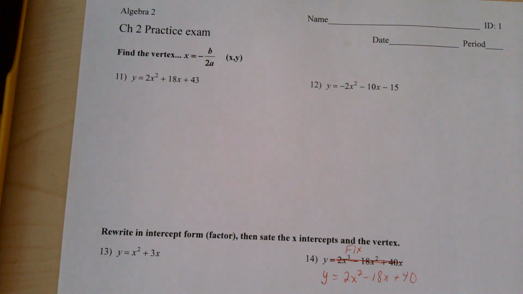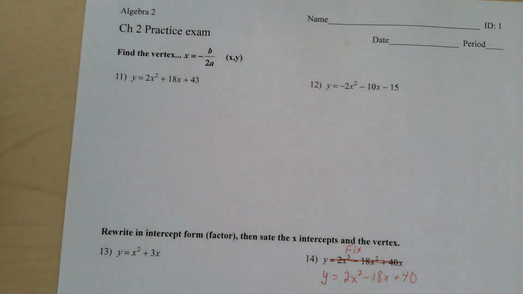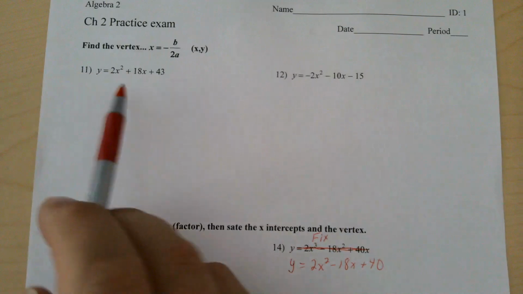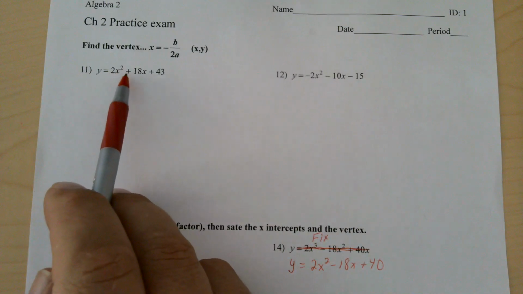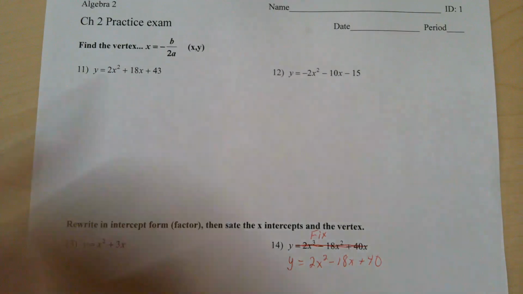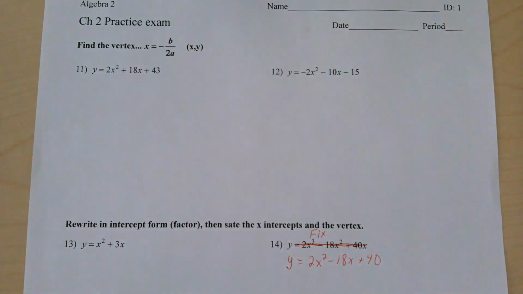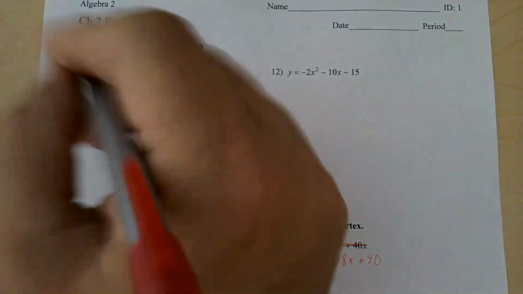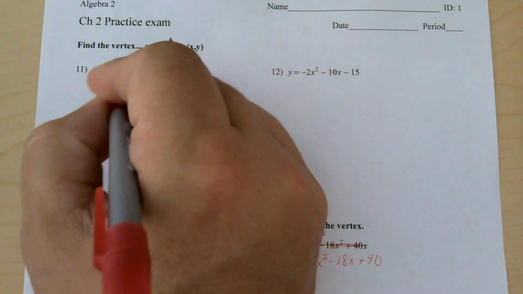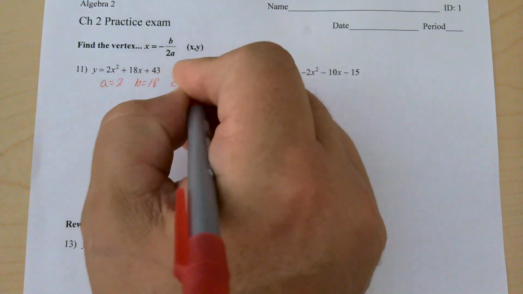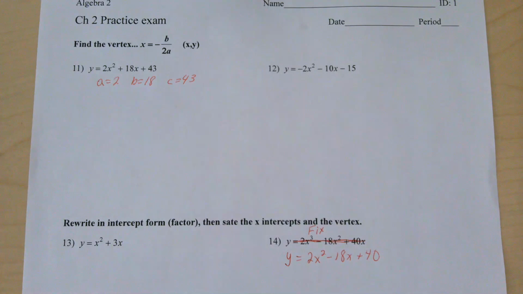Okay? I have a few more questions where I wanted to practice finding the vertex when we are in standard form. So just a reminder, standard form is your ax squared plus bx plus c. I even remind you, this is how we're going to find the line of symmetry, which is the x value of our vertex. So before we even pick up a calculator, I know that a is 2, b is 18, c, which is really the y-intercept, is going to be all the way up at 43.